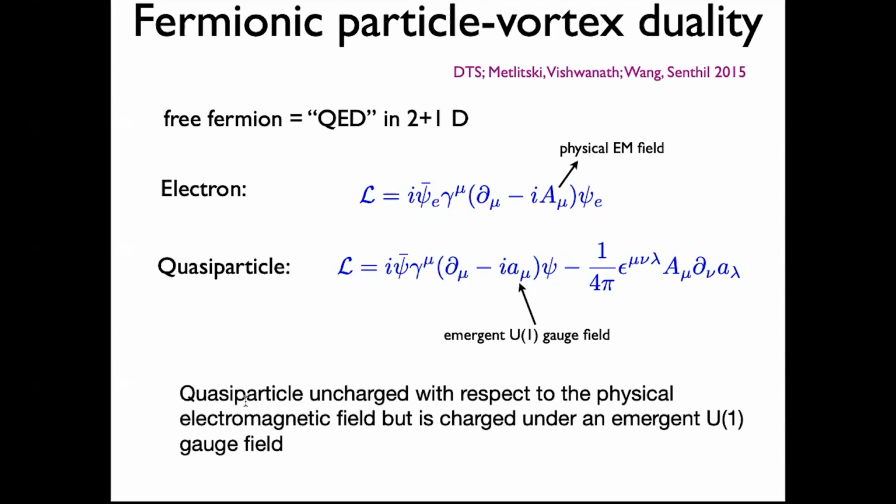One theory is supposed to be related or similar to the theory describing electrons in a very high magnetic field. This is A. And another theory is supposed to describe the physics of the quasi-particles that appear in the long distance limit of this theory. So this quasi-particle is described by another fermionic field psi. But this fermionic field does not carry charge with respect to the physical electromagnetic field, but carries charge only with respect to an emergent gauge field a. This emergent gauge field has a zero expectation value at half-filled Landau level.